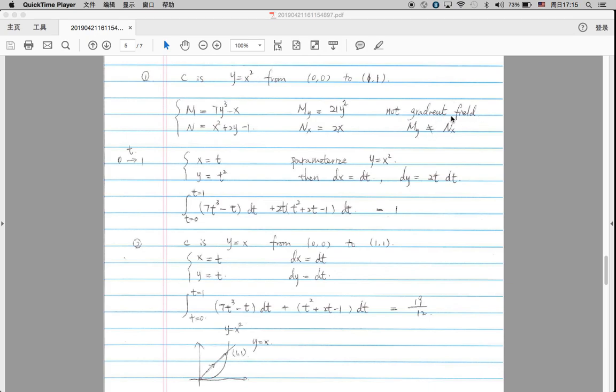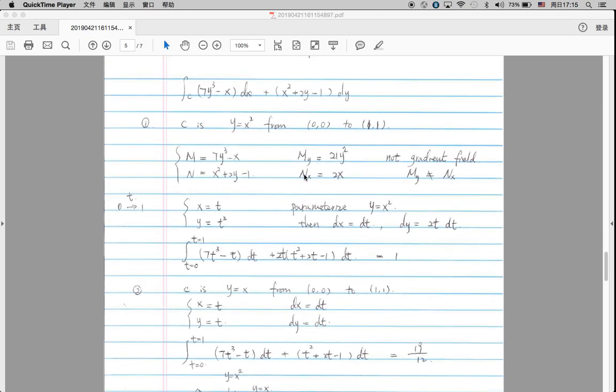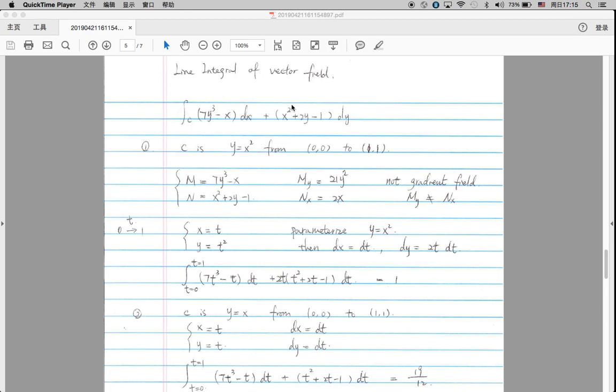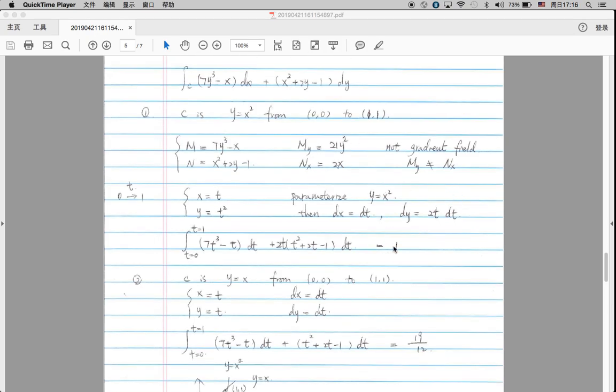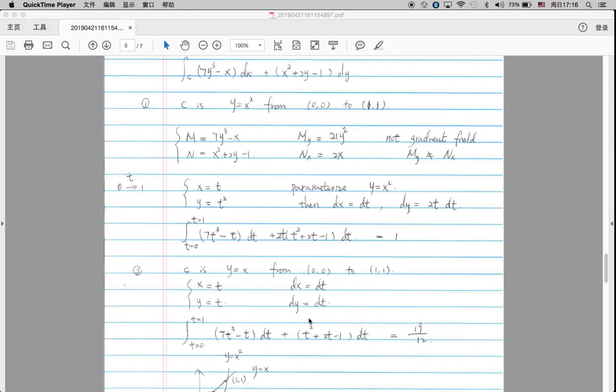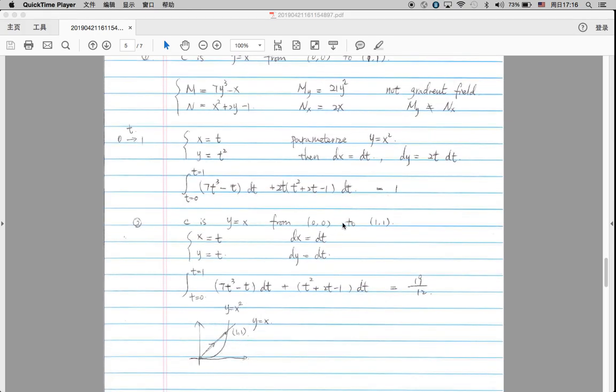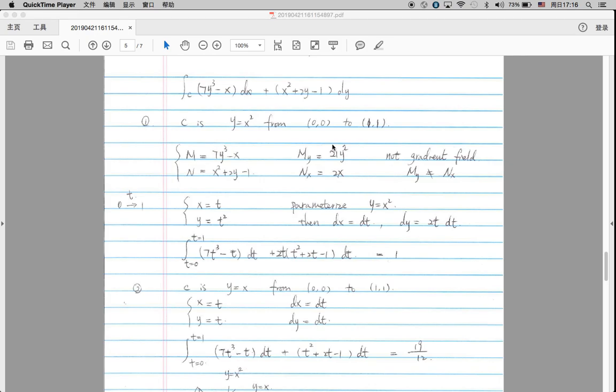However, in this question, for this function, we recognize that this is not a gradient field by using the criteria here, so choosing a different path, we will get a different solution of this integral if we are moving over different curves.